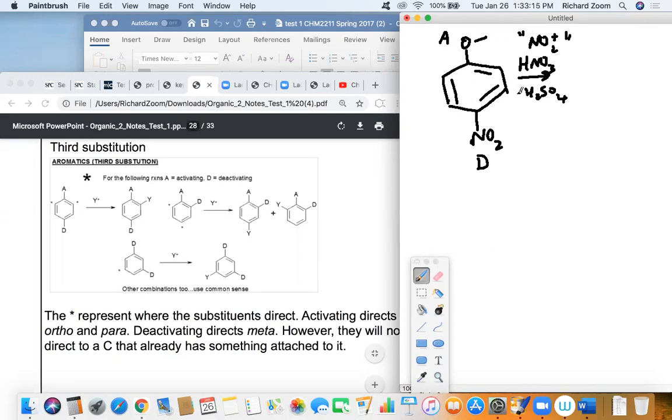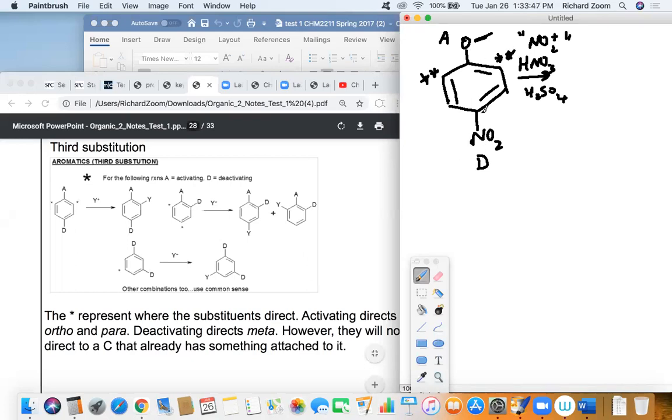So what we do is we look at these and we figure out where these are going to direct. So the O, because it's activating, is going to direct ortho. It can't direct para because there's already something down there, so we're not going to end up substituting that group out. The NO2 being deactivating is going to direct to the same locations.